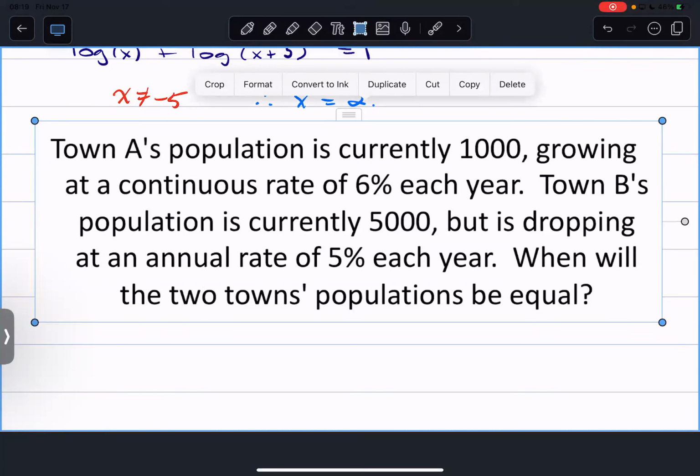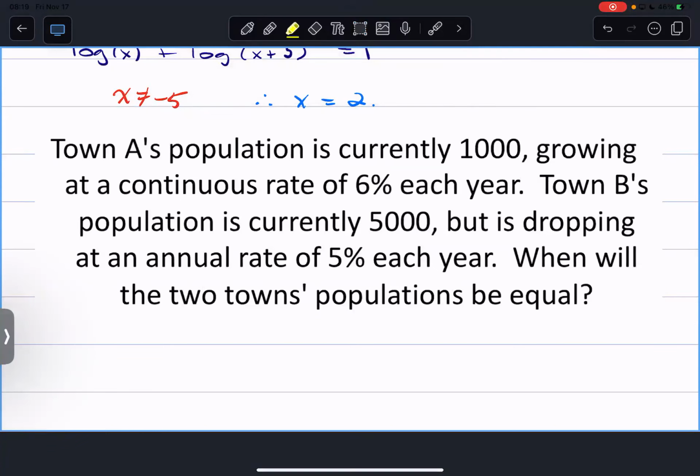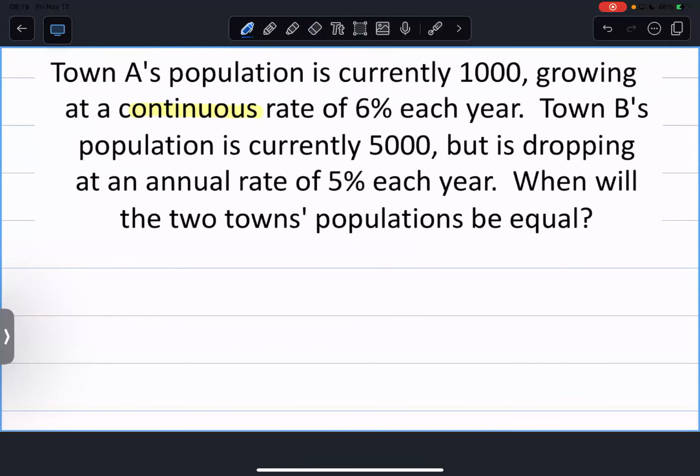Town A's population is currently 1,000, growing at a continuous rate. So that's one of those kind of trigger words. So the continuous rate of growth looks like f of x is a times e to the kx.